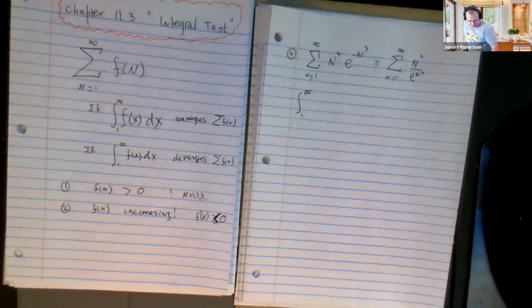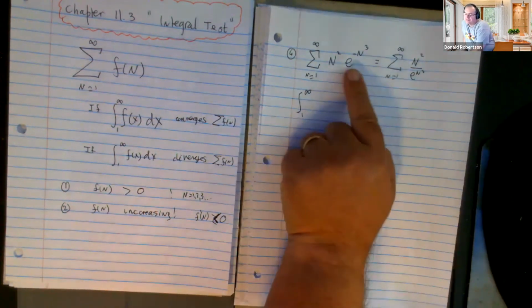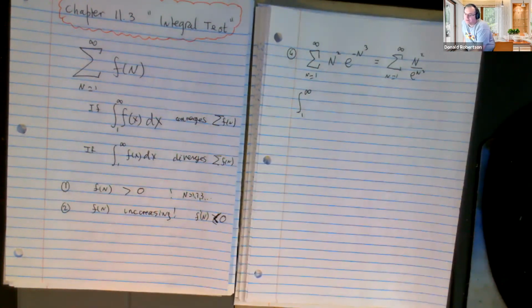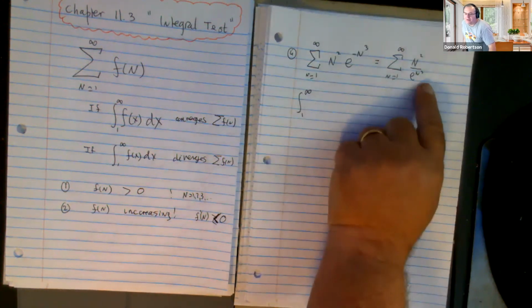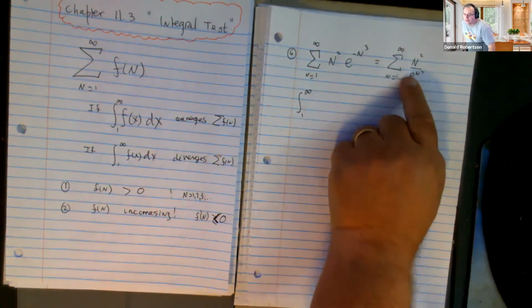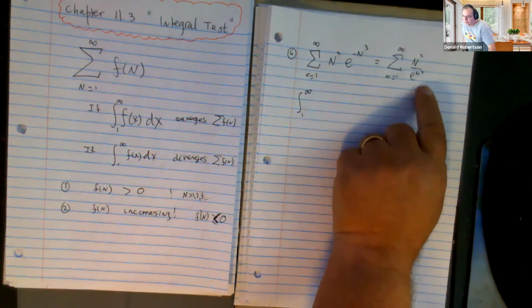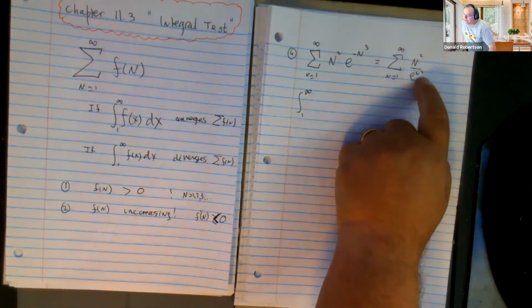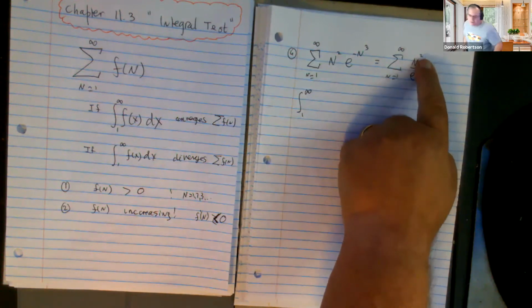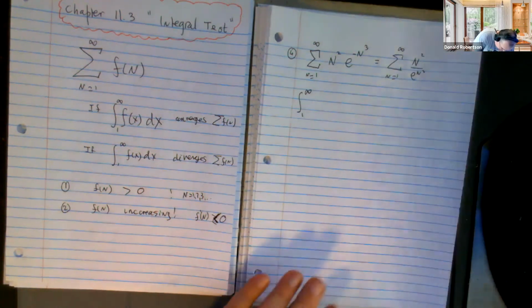Are you happy that this is the same thing as that? Okay. Now, you can certainly keep it that way. It's going to work perfectly fine. So if you don't see any benefit to doing that, that's fine. But do you get at least a feeling that that bottom is really big compared to the top? So my gut feeling is that this is going to converge, right? Let's see if it does.